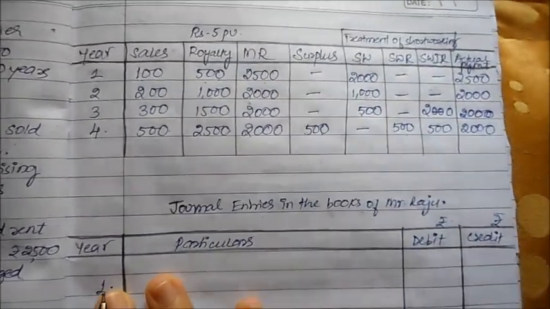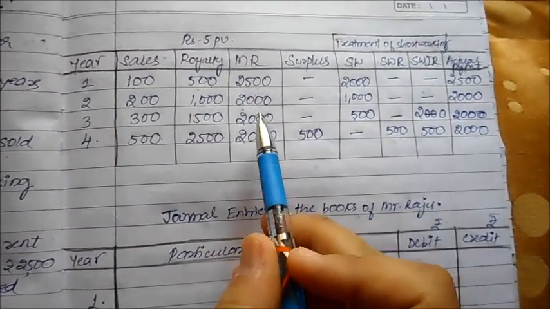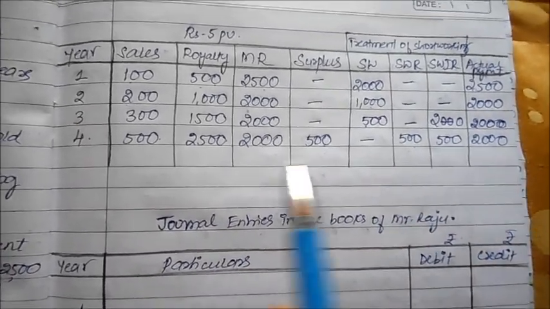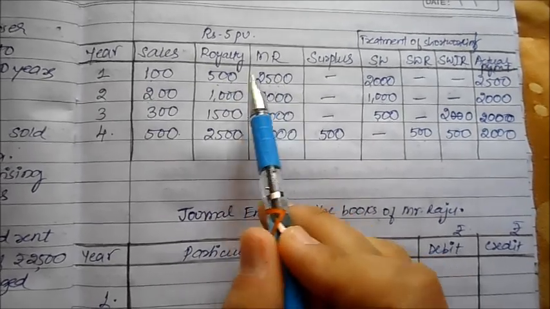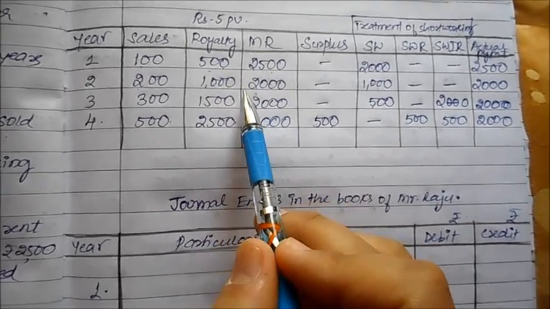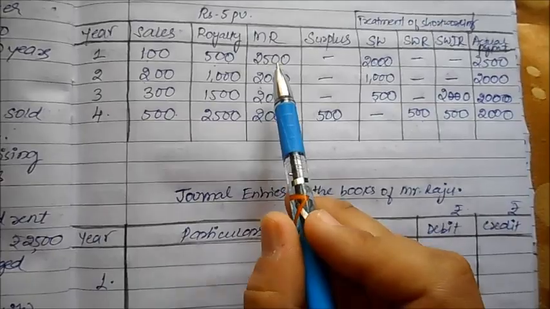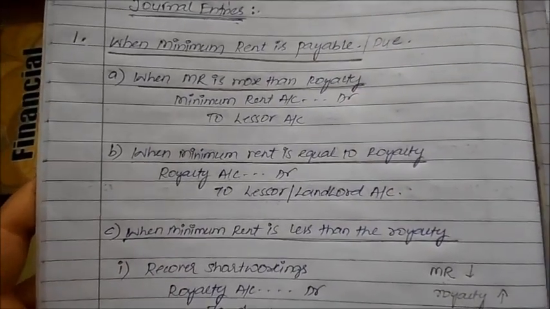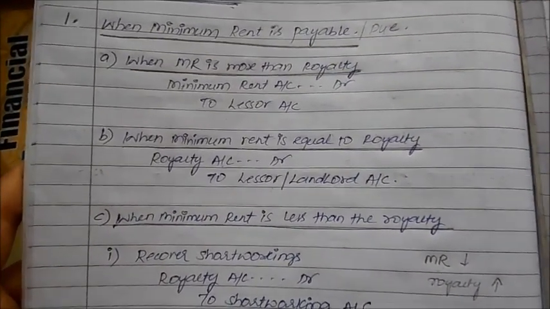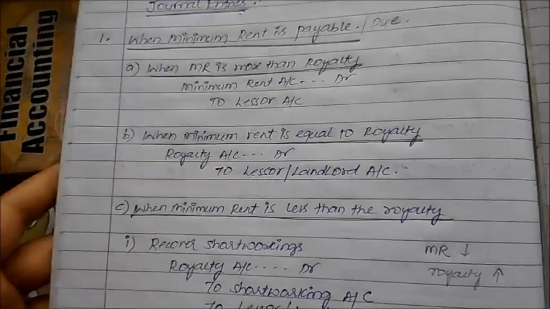Now firstly, what we exactly have to do when you are doing the journal entry is first start understanding whichever is the highest among these two, whether royalty and minimum rent in comparison to each other, which one is the highest. Now in this particular situation, minimum rent is more than the royalty. Now please check for journal entry, what does it say? When you are telling minimum rent is more than the royalty, the journal entry will be minimum rent account debit to lessor account.